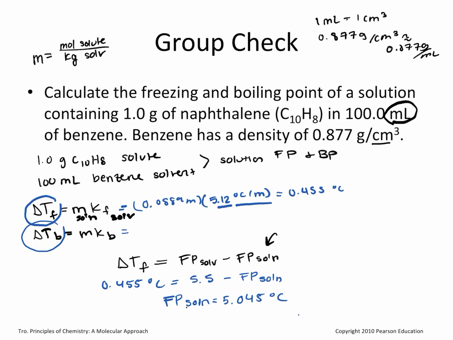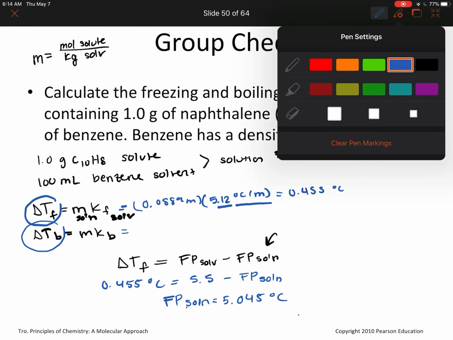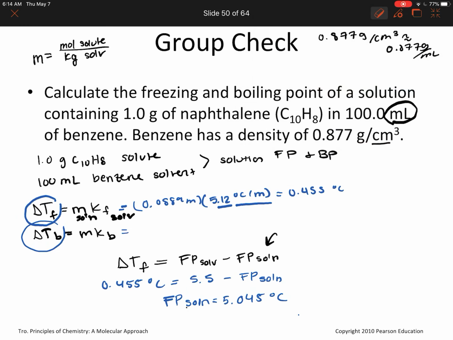Now, before moving on, does this conceptually make sense? Well, the freezing point of benzene is 5.5, and the freezing point of the solution was 5.045, so it is lower, so that makes conceptual sense because the freezing point of the solution should be lower than that of the solvent.